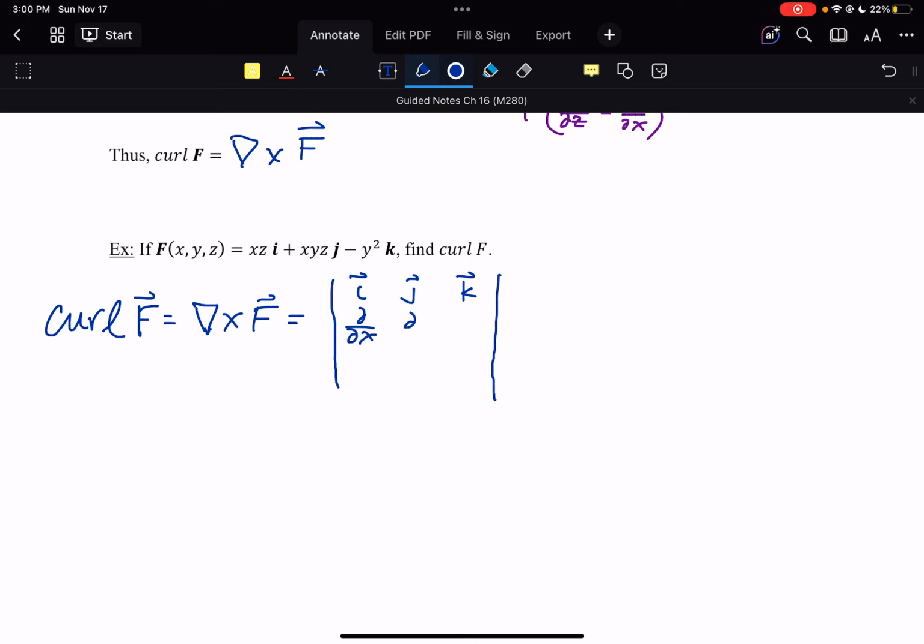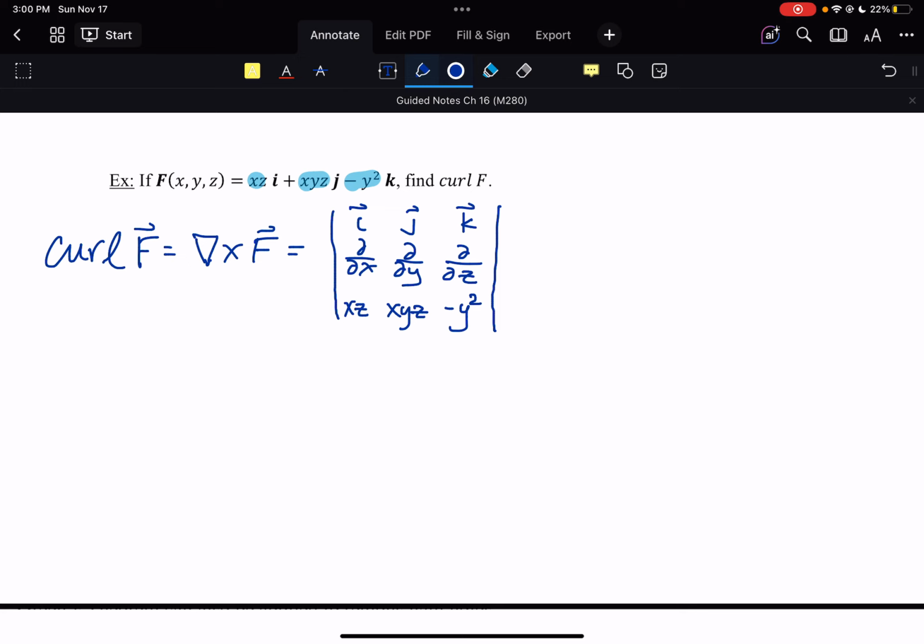Partial with respect to x, y, and z. And then the components of the vector field, those three: xz, xyz, and negative y squared, like that.